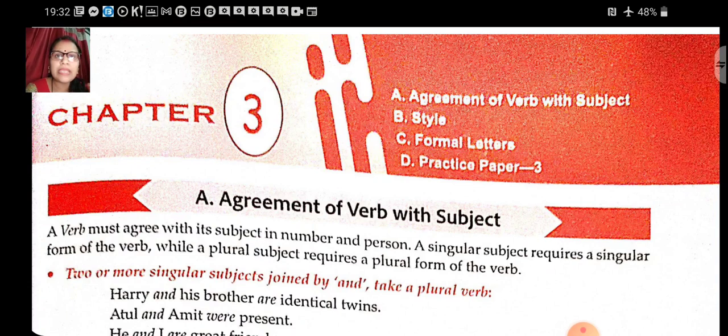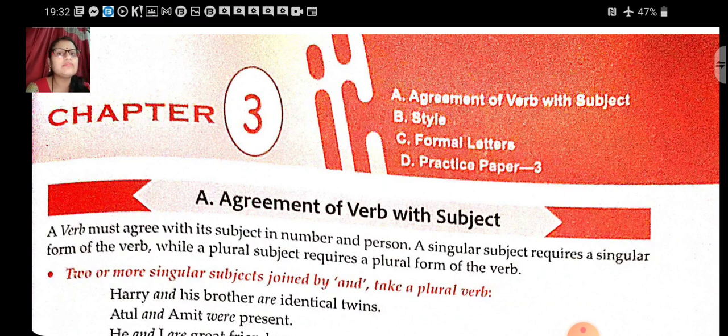But the verb has a different concept: a verb becomes plural when it removes s or es, and becomes singular when it adds s or es. So a singular subject requires a singular form of the verb, while a plural subject requires a plural form of the verb. Now the first point: two or more singular subjects joined by and take a plural verb.